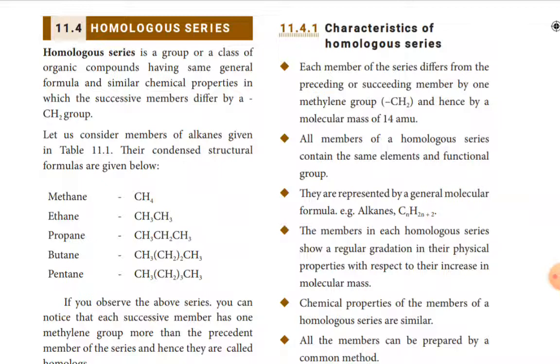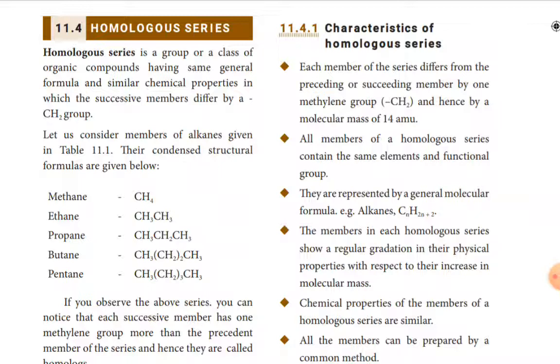Then 2 carbons means eth, 3 means prop, 4 means but, 5 means pent, then 6 hex, 7 hept, 8 oct, 9 non, 10 dec. So these root words are normally used to define the name of the compound.